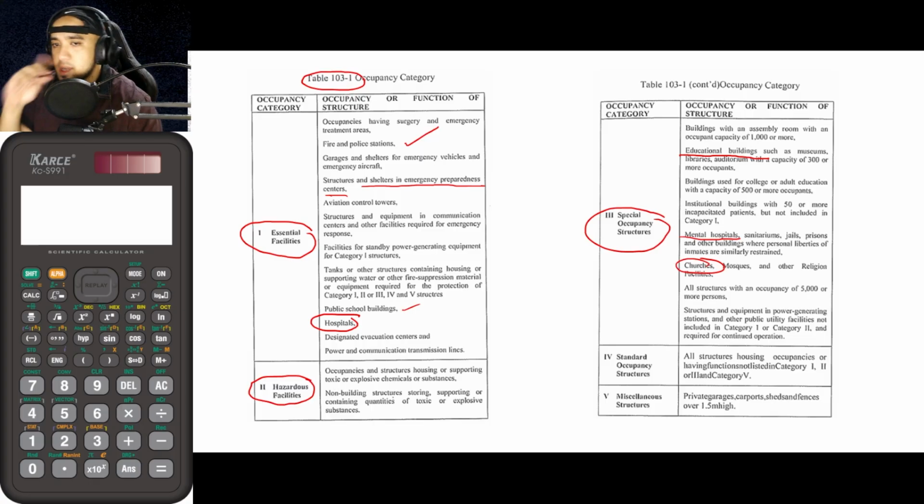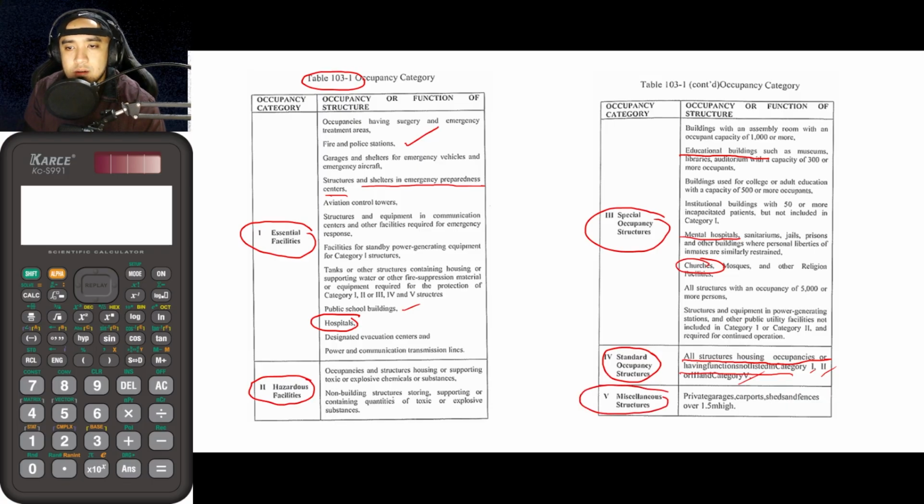Then for occupancy category 4, we have the standard occupancy: all structures housing occupancies or having functions not listed in categories 1, 2, and 5. For category 5, these are private garages, carports, sheds, and fences over 1.5 meters high.